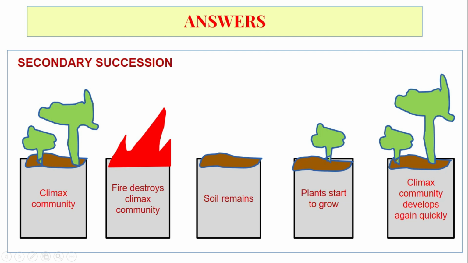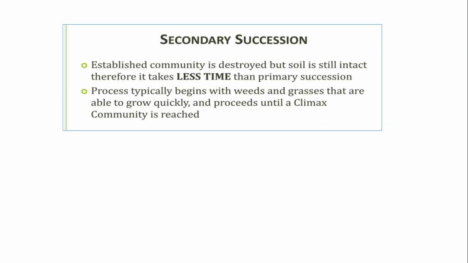And then you have your final climax community here. Please note, the climax community is changing, but you will hardly recognize a change. Alright, so overall, primary succession is slower than secondary succession. Alright, let's move to the next question.